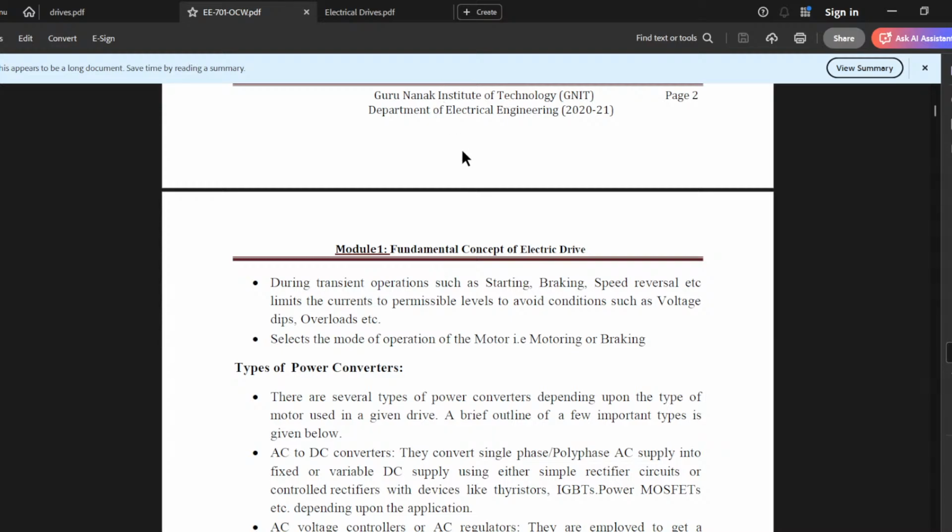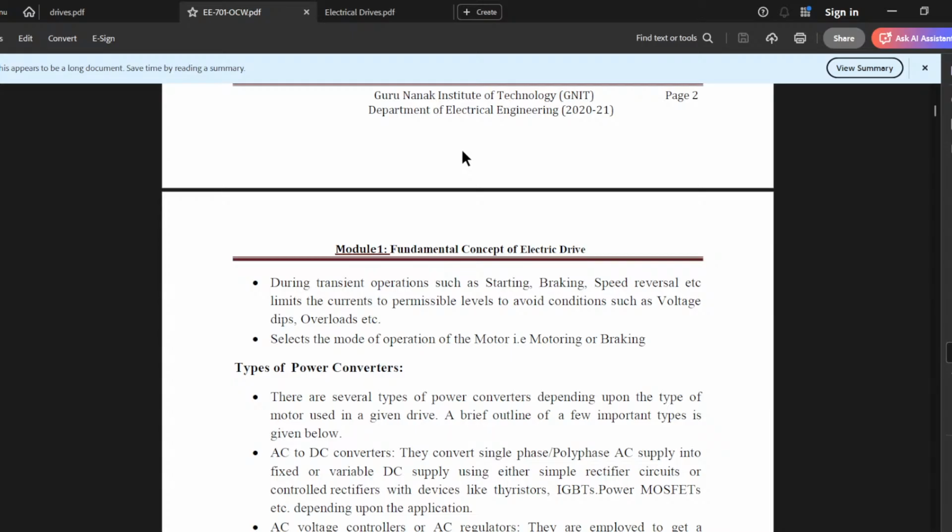All these things can happen. So the third task this module is doing is, at the transient phase, it limits the current accordingly. This word is very important.